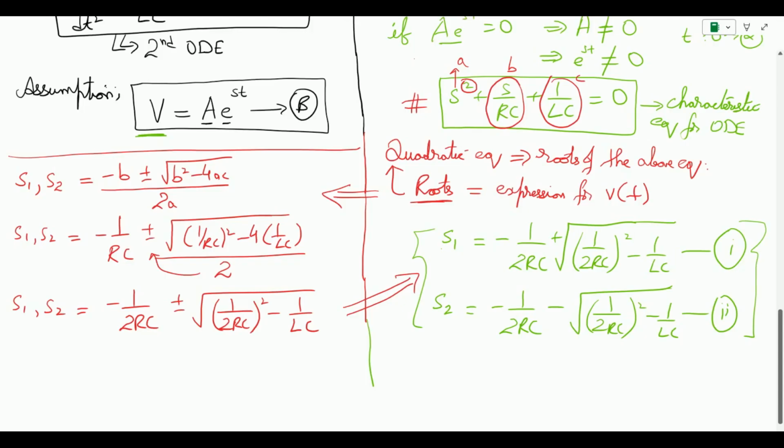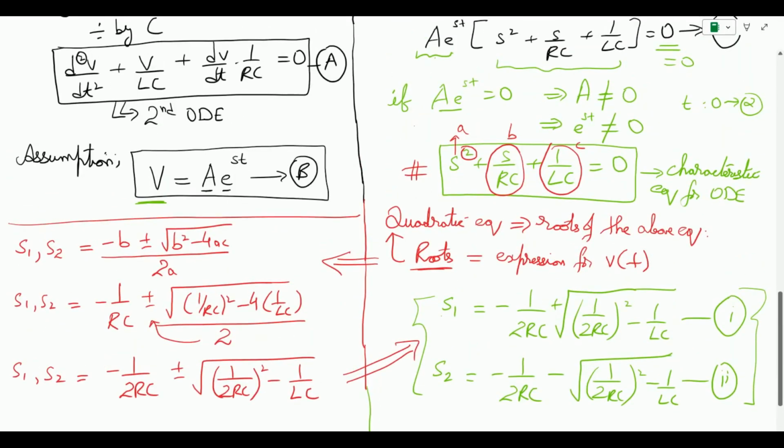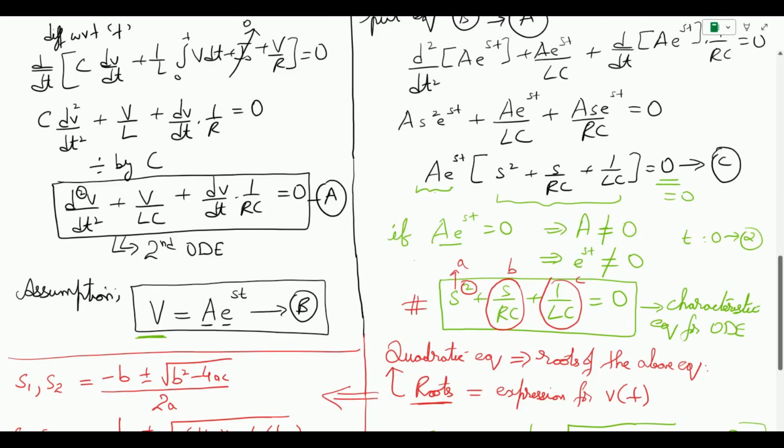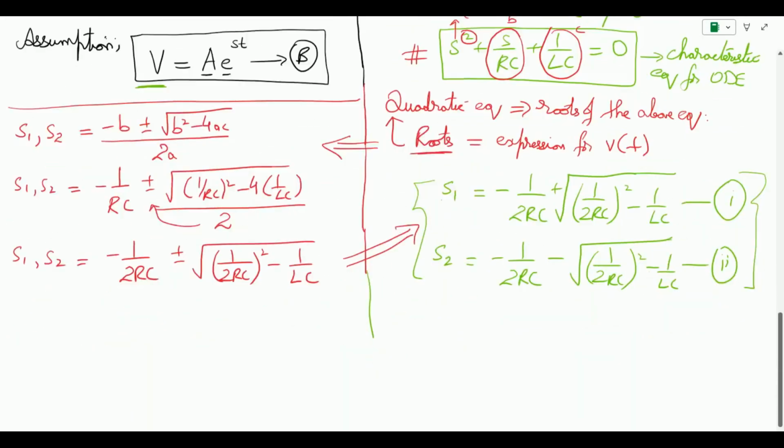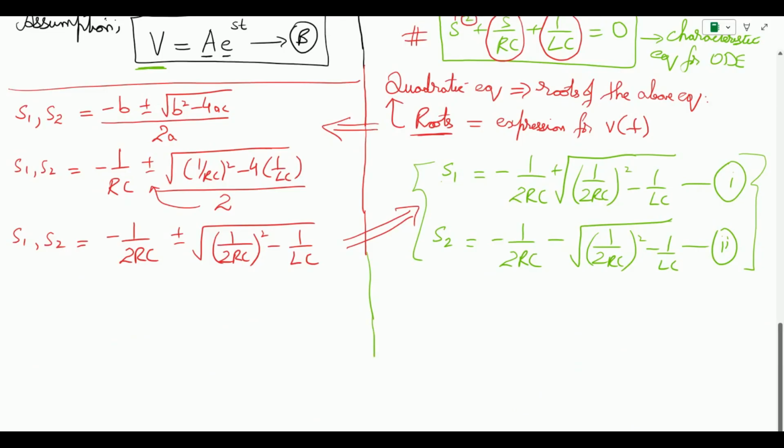If we go back to our initial equation, which was equation number C, and input the values of the roots, the values inside this bracket we are now going to replace with their respective roots. So our equation for the voltage comes out to be A1 e raised to power S1t plus A2 e raised to power S2t.